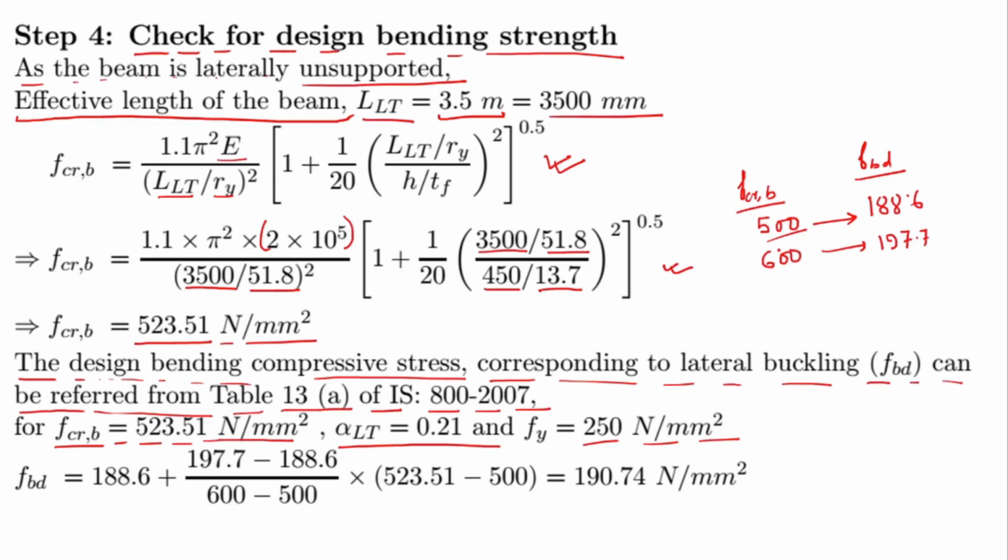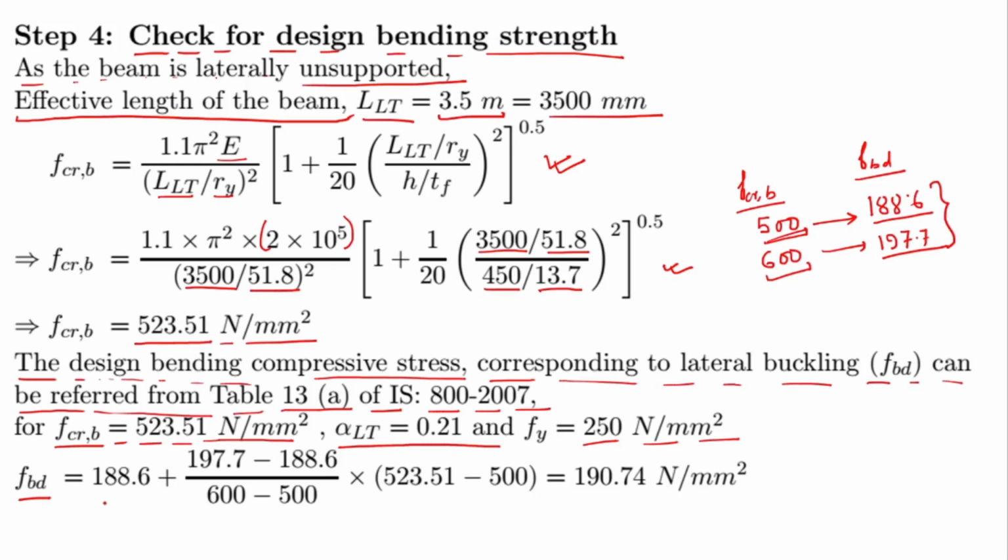From table 13A, we have noted down that for fcrb 500, the value of fbd is 188.6, and for 600, the value of fbd is 197.7. To calculate the value of fbd for 523.51, we have to interpolate in between these two.